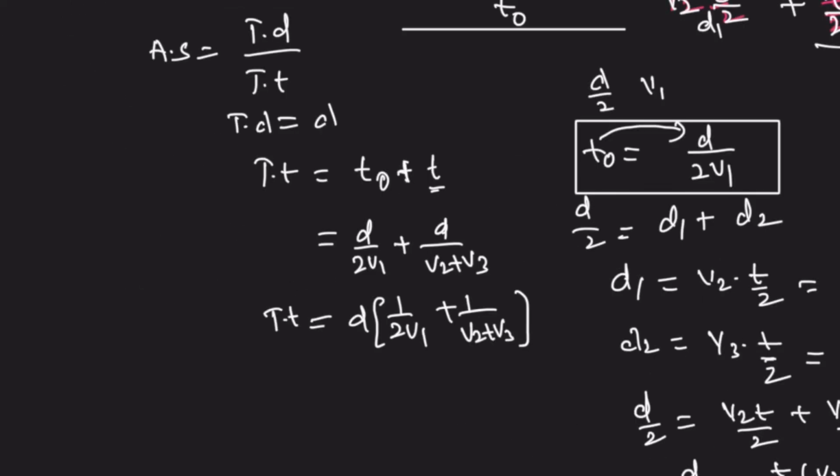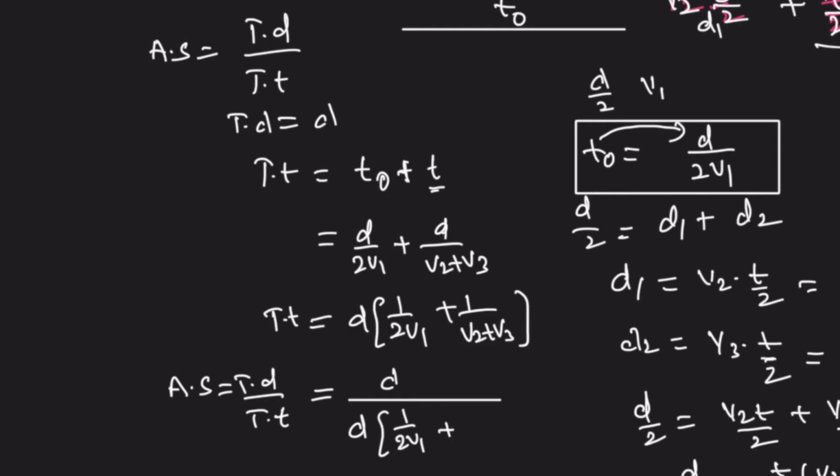So what is the average speed formula? Total distance by total time. What is the total distance? That is d. The total time is d into 1 by 2v1 plus 1 by v2 plus v3.